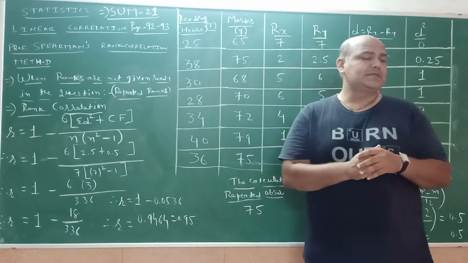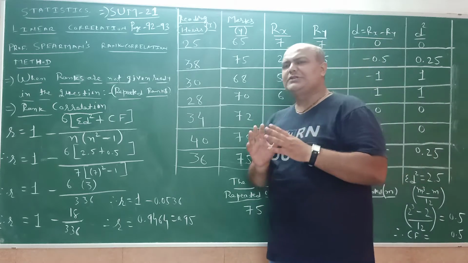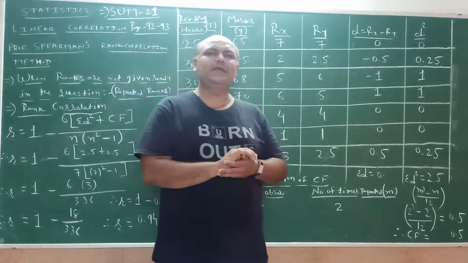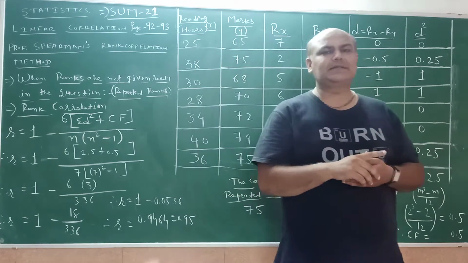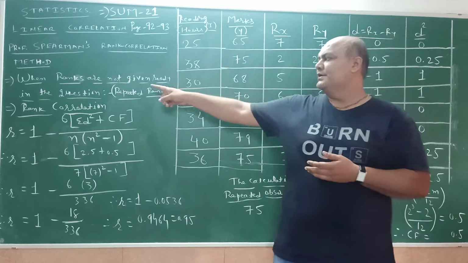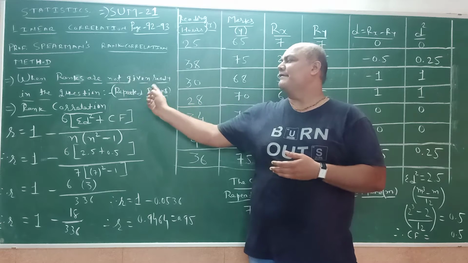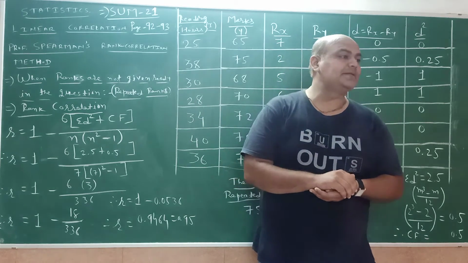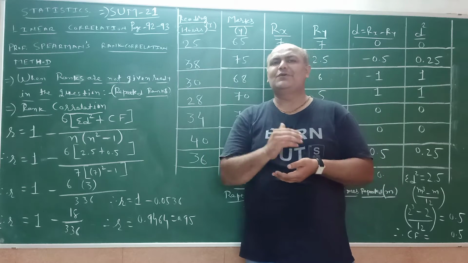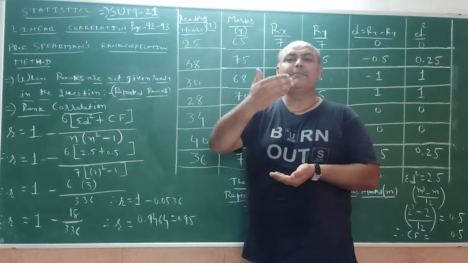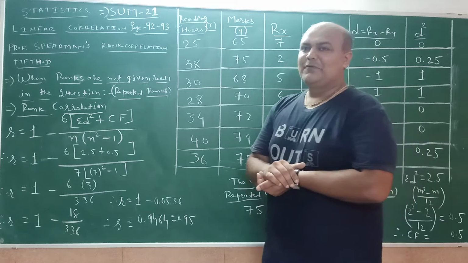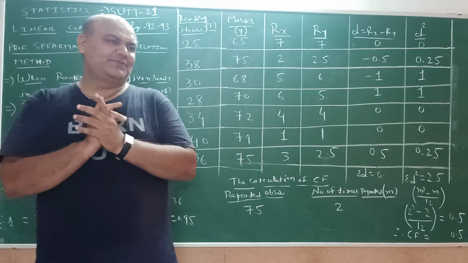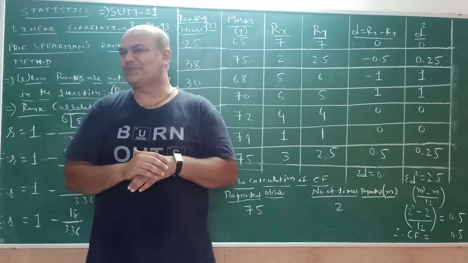Now students, in today's video lecture, I would like to explain Professor Spearman's rank correlation method in which the ranks are not given ready in the question. Also remember, in this particular sum the ranks are repeated. When the ranks are repeated, we have to apply the CF, correction factor also.